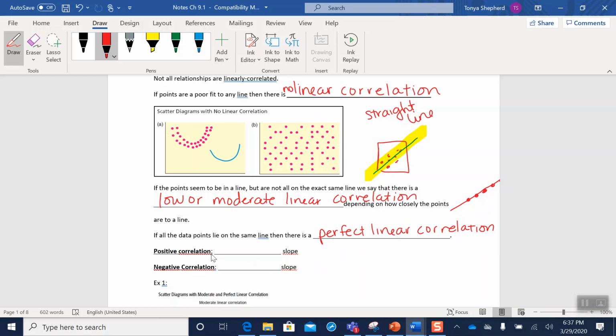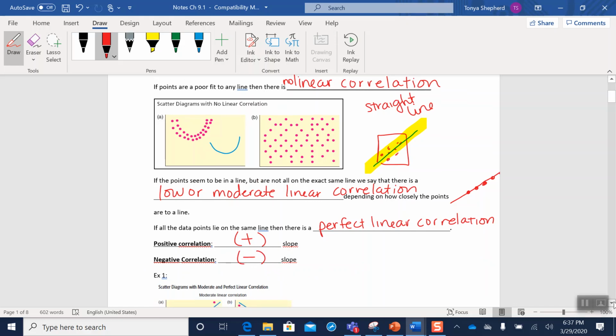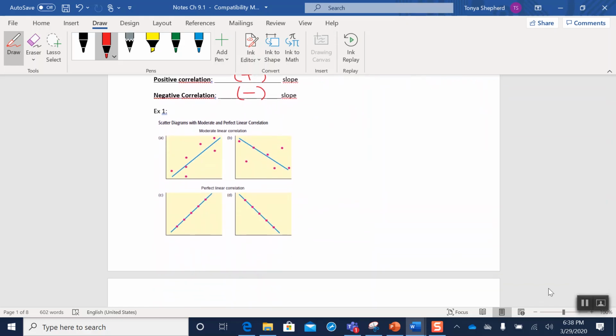Now, in statistics, if something has a positive slope, then we say that that has a positive linear correlation. And if something has a negative slope, then we call that a negative linear correlation. So let's take a look at these diagrams down here, and you can see that they're labeled for you to match the notes that we just took up there.